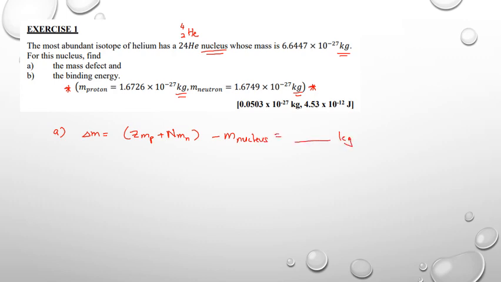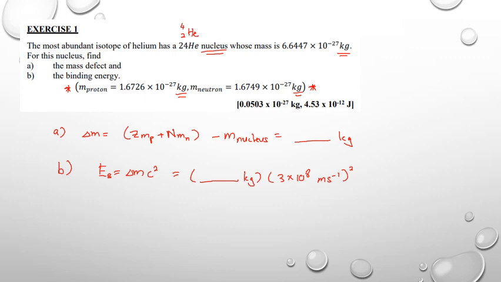Now since your mass defect is in kg, when it comes to binding energy, we are going to use the one with SI unit. What does it mean by with SI unit? It means you don't use the equation E_B equals delta M times 931.5. You use E_B equals delta M c squared, where your delta M is in kg, and c squared is 3 times 10 to the power of 8 m s negative 1, squared.